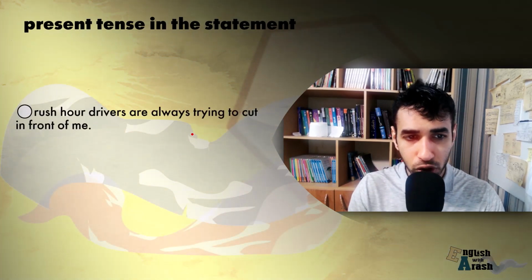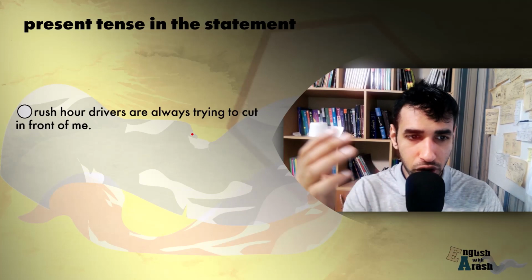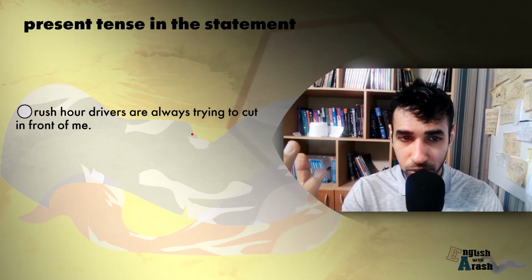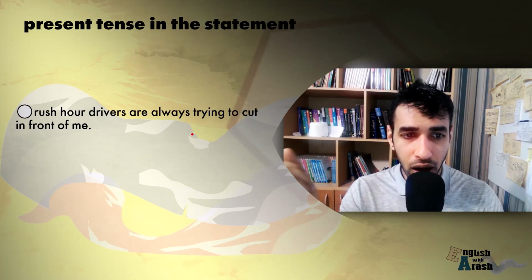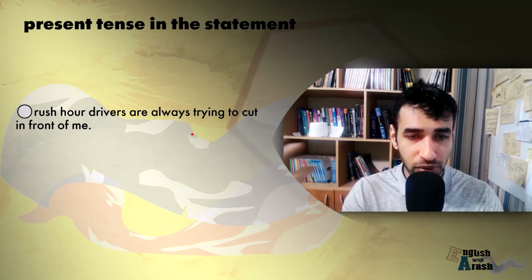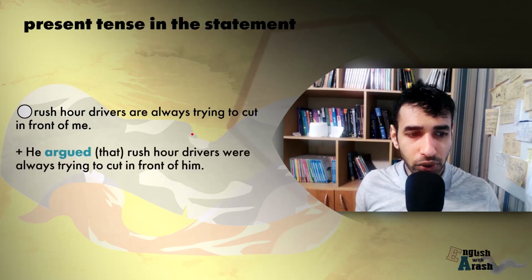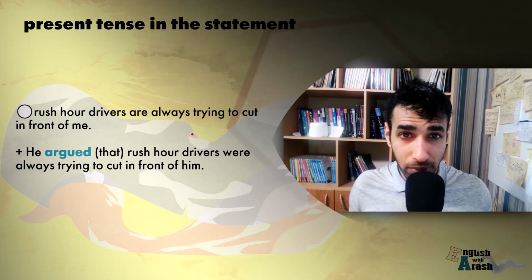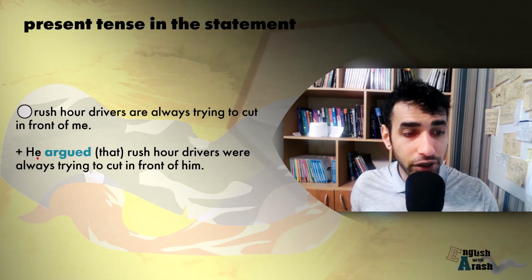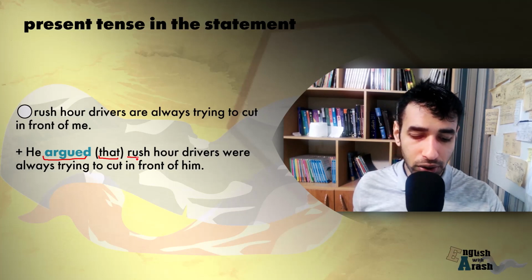Rush hour drivers are always trying to cut in front of me. Rush hour drivers is the subject, are is the verb, present tense, and always trying to cut in front of me is more explanation. Now we are seeing another verb, a reporting verb here, argued, that is omittable, and the rest is our noun clause.